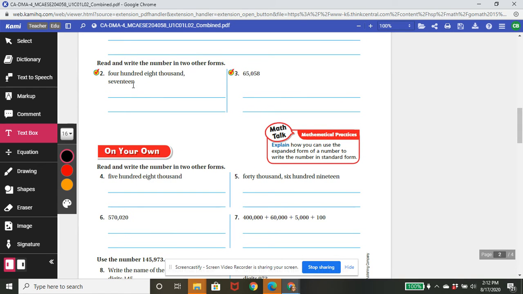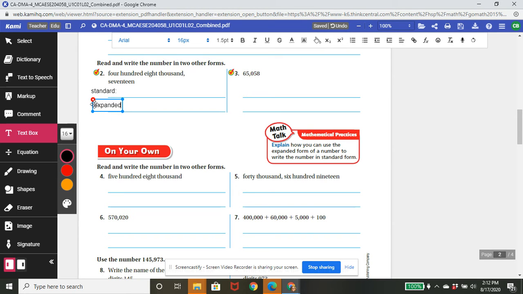This one is in word form. So I need to write it in standard form, and I need to write it in expanded form. Okay?